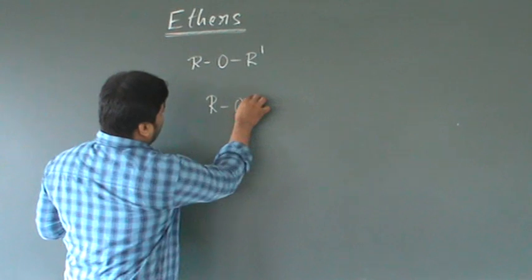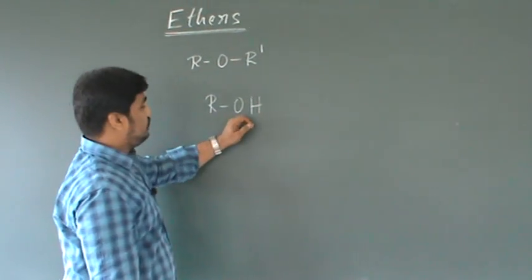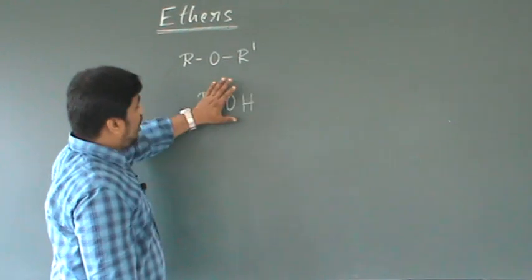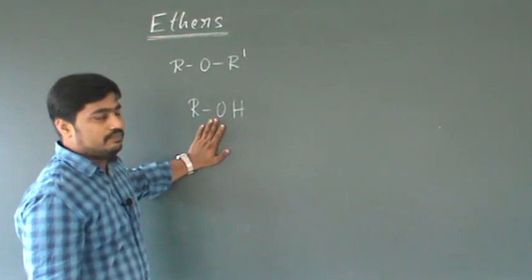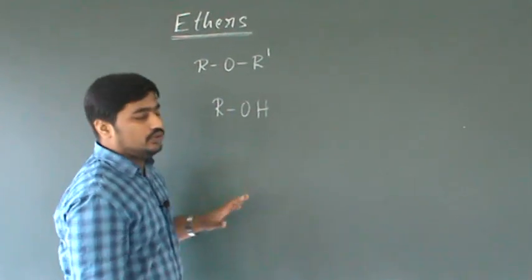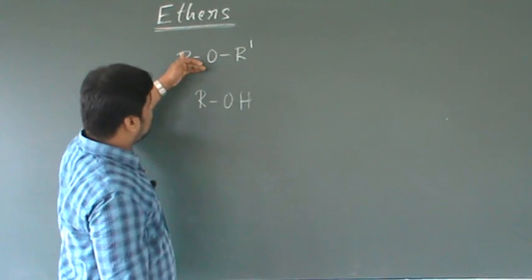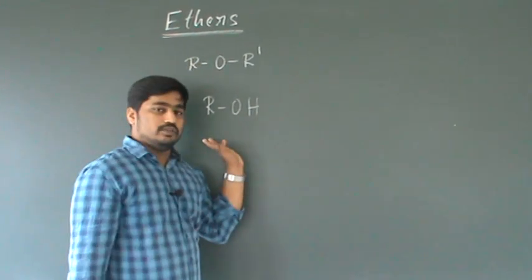What is the general formula of alcohol? Yes, it is ROH. Here, hydrogen is attached to oxygen, and in the case of ethers, another alkyl group is attached to oxygen. That is the difference.